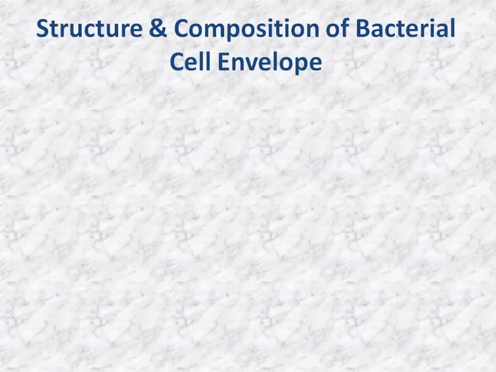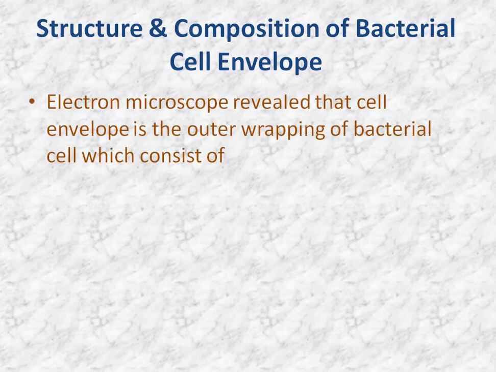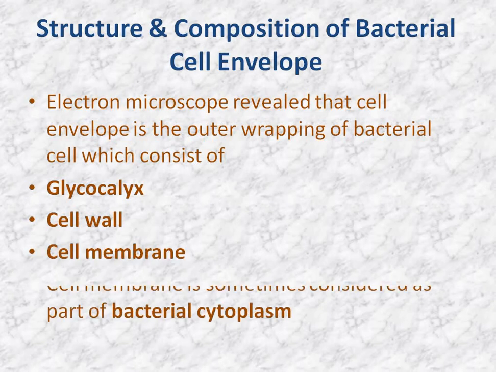Now the structure and composition of the bacterial cell envelope. Envelope means the outer covering of the bacterial cell. Electron microscopic studies have shown that the cell envelope is the outer wrapping or covering of a bacterial cell, which consists of glycocalyx, cell wall, and cell membrane.